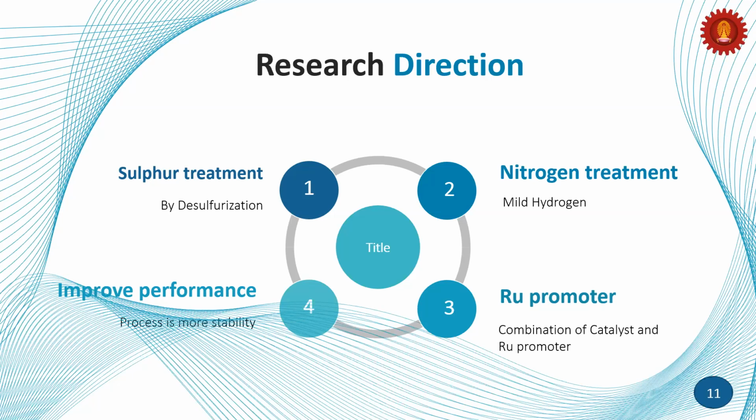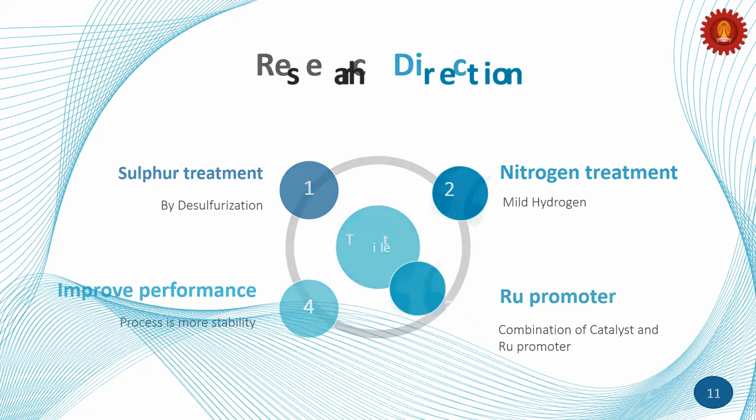That can treat the catalyst and then feed to the reactor using a combination of catalyst and RU promoter, which helps give a highly active sintering resistant catalyst for increased catalytic stability. In future, if it improves the overall performance of the catalyst, it will help to reduce cost of operation. Thank you for your attention.